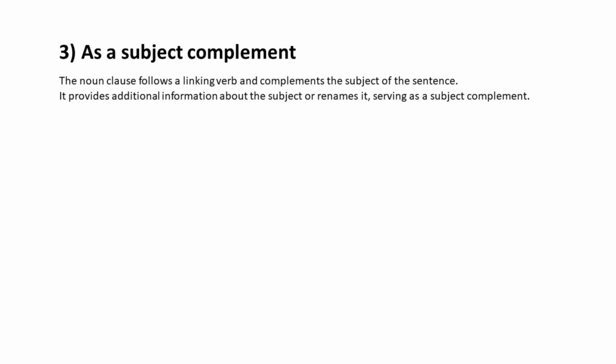A noun clause as a subject complement. The noun clause follows a linking verb and complements the subject of the sentence. It provides additional information about the subject or renames it, serving as a subject complement. Let's see the example. His wish is that he could travel the world.